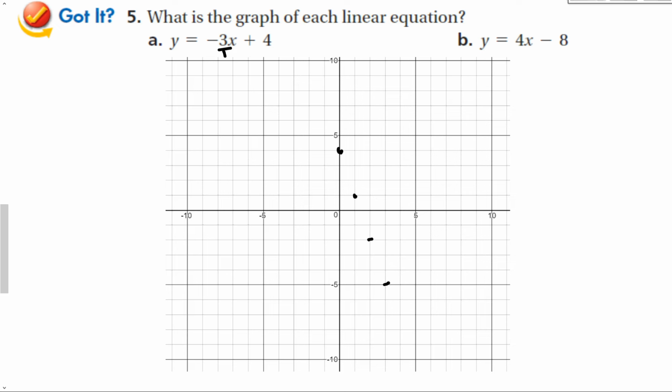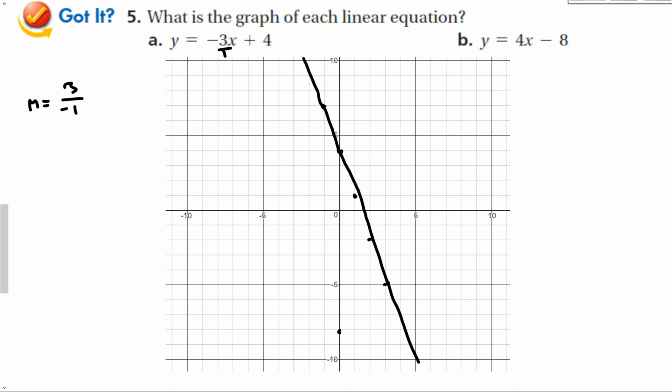Also, the negative doesn't have to be attached to the 3. We could also say the slope is 3 over negative 1, which would be up 3, but left 1. And you can see that it does match up with my line. And if I were to draw a line, we would get a nice line, just like that. Let's do B, 4x minus 8.